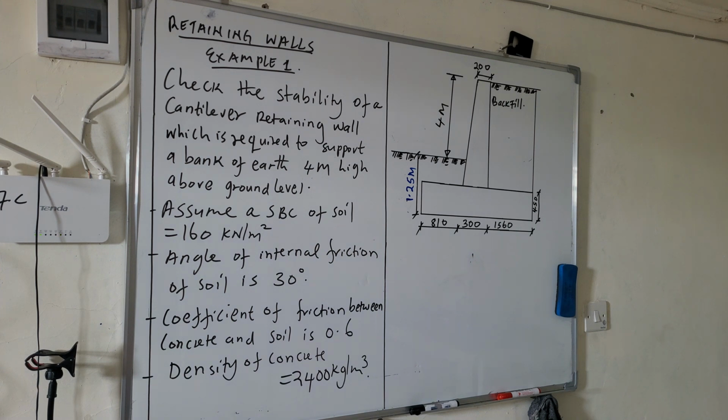Assume a safe bearing capacity of soil to be 160 kilonewton per meter square. Angle of internal friction of soil is 30 degrees. Coefficient of friction between concrete and soil is 0.6 and density of concrete is 2400 kilogram per meter cubic.